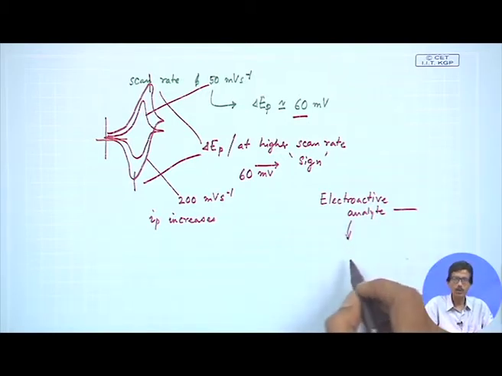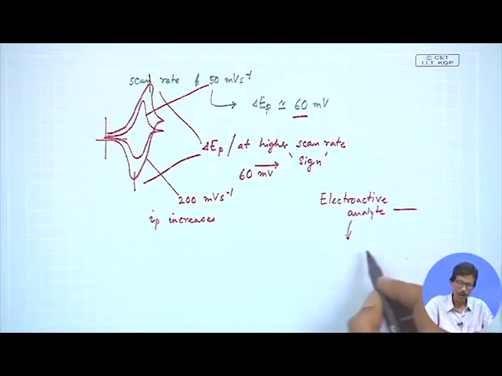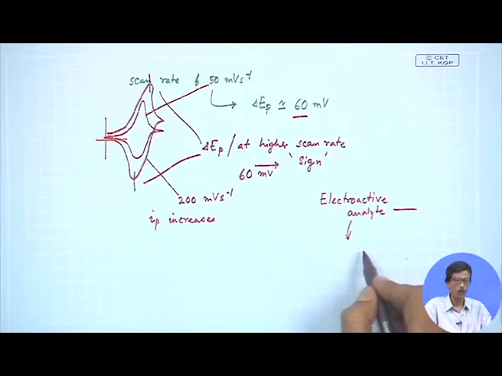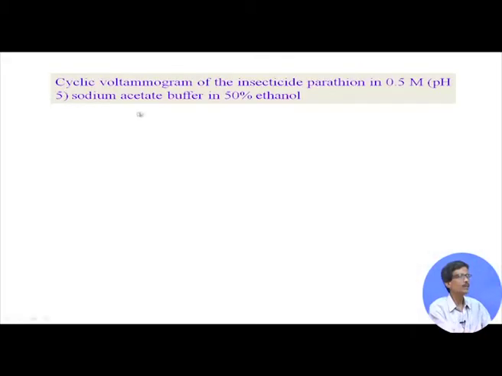It can be a drug molecule, it can be a pharmaceutical molecule, it can be now insecticides, pesticides or herbicides also. One such very important molecule is the insecticide parathion. Parathion is the general terminology for this molecule, and in the market it is available under the trade name Folidol.